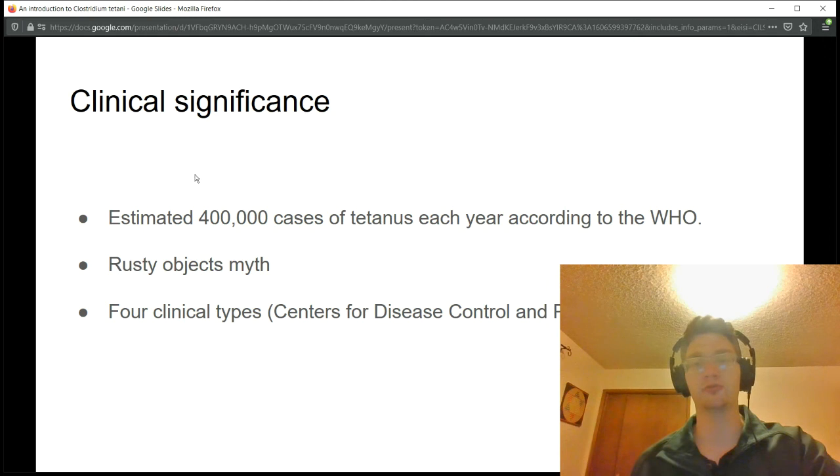That isn't really true. At least tetanus doesn't grow well around rust. It doesn't really require iron or anything. It's more just that there are wounds and there can be tetanus anywhere in the dirt.